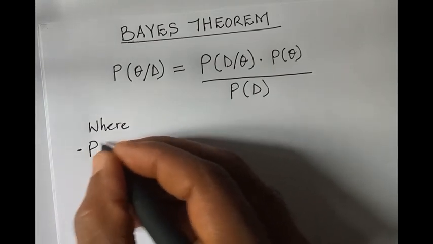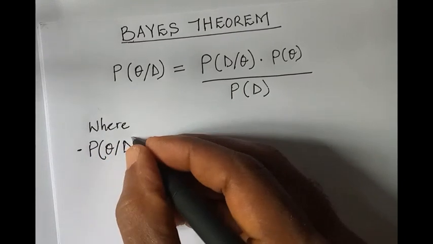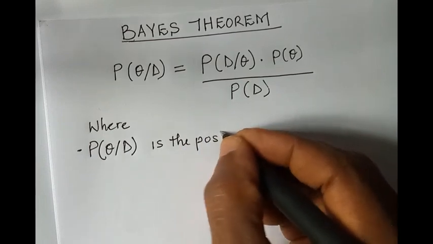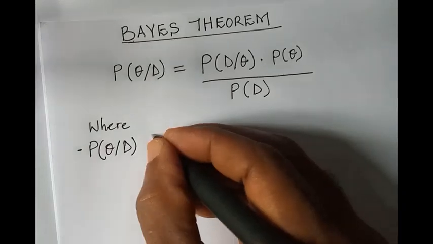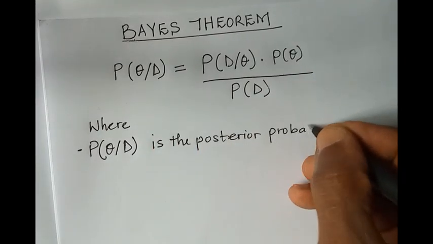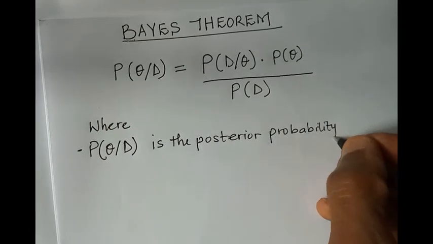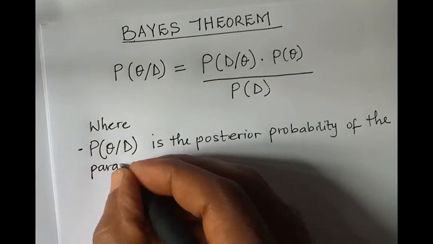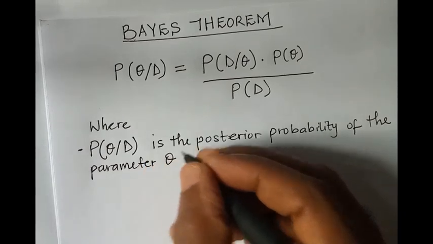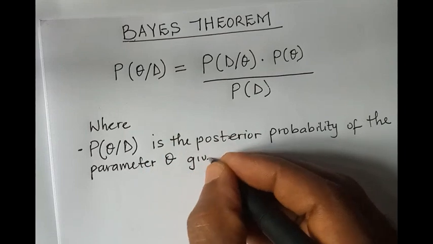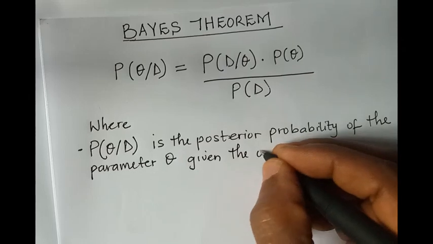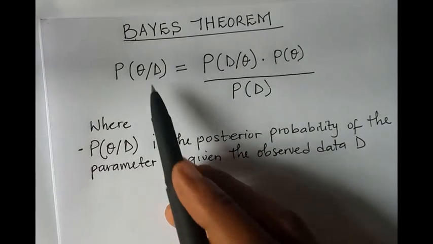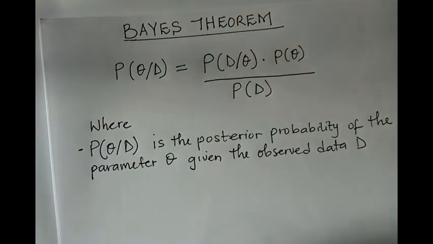first, the probability of theta given D is the posterior probability of the parameter theta, which is this, given the observed data D. So this is the observed data D. That's for this definition.